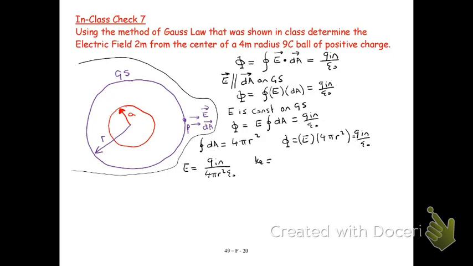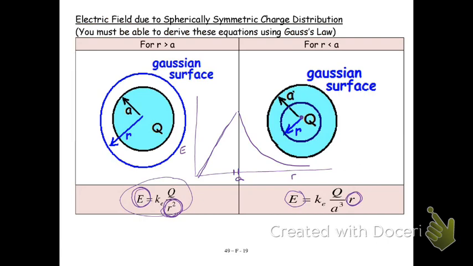And of course, Ke is equal to 1 over 4 pi epsilon naught. So that gives me that E is equal to Ke times Q inside over r squared. Well, that was a waste of time. I just did exactly what I did before, but it's not the same answer. I don't understand. It's a different answer on the right-hand side.